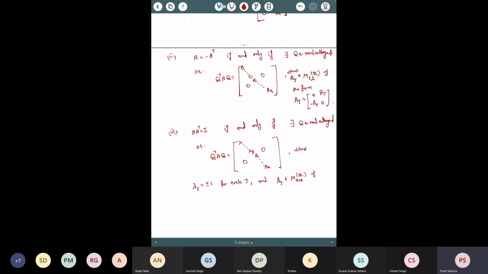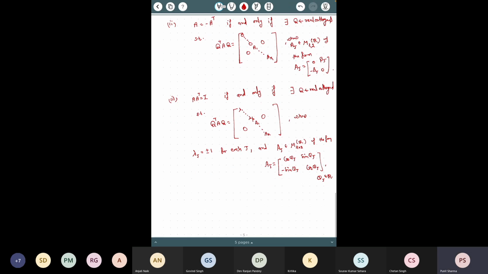So this Aj would have the following form: [cos theta j, sin theta j; minus sin theta j, cos theta j] for some theta j in R. Okay.